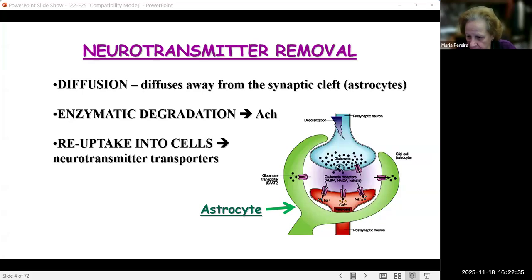The doctors used to give NO to pregnant women in labor. Well, it could be because of its effect to cause vasodilation and to improve smooth muscle activity, because if you have more oxygen arriving at the smooth muscle, then it will work better.